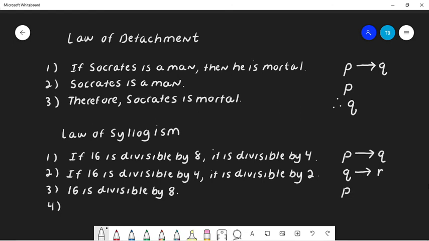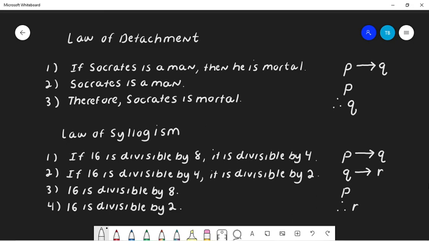So then we can just affirm that 16 is divisible by 2, right? And then symbolically we would write that as therefore R.